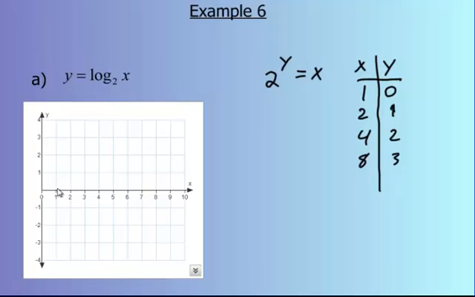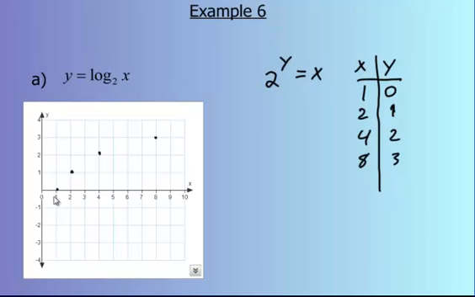So I would say, okay, well, 1, 0, 2, 1 rather. My mistake. Terrible handwriting, gosh, just got me in trouble. Anyway, 2, 1, 4, 2, and then 8, 3.